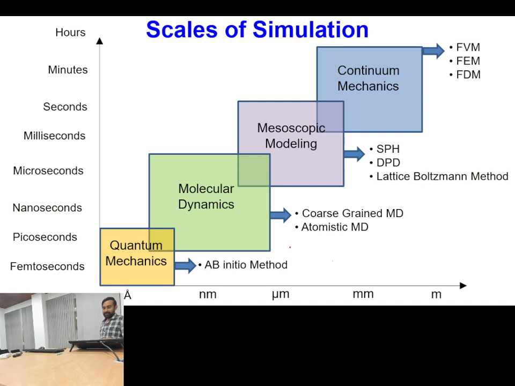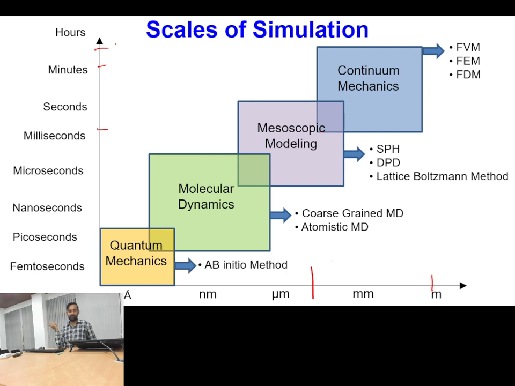Okay, so how to decide whether to use the particle approach or the fluid approach, that is something which we can answer with the help of this master curve, where we have to decide what our scale of simulation is and what the length and time scales are that we are dealing with. Okay, so if our length and time scales are in the range of meters to micrometers, and time scales are in the range of milliseconds to minutes or a few hours, then we are talking about physical phenomenon at the macroscopic level.